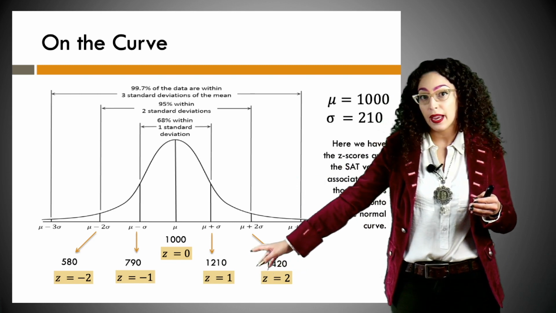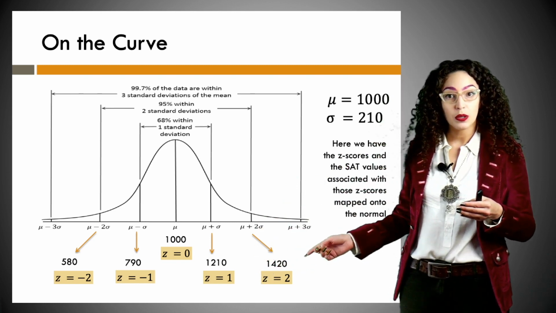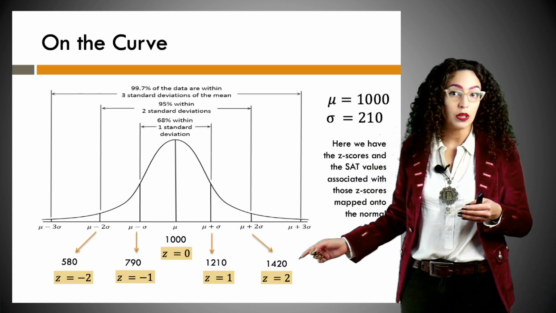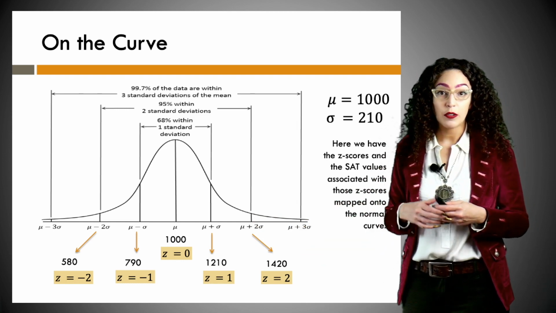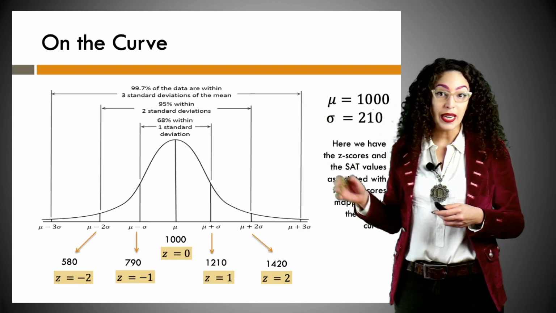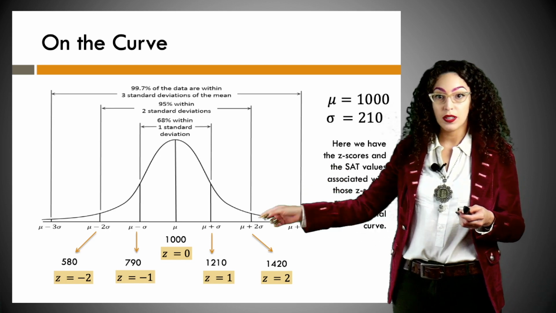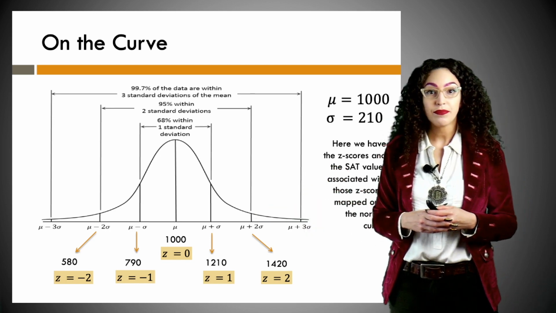That would be an SAT score of 1210. A z-score of 2, corresponding SAT score of 1420. Now remember, these curves are all probability curves. We can technically look up the probability of seeing somebody with a score of 1210.